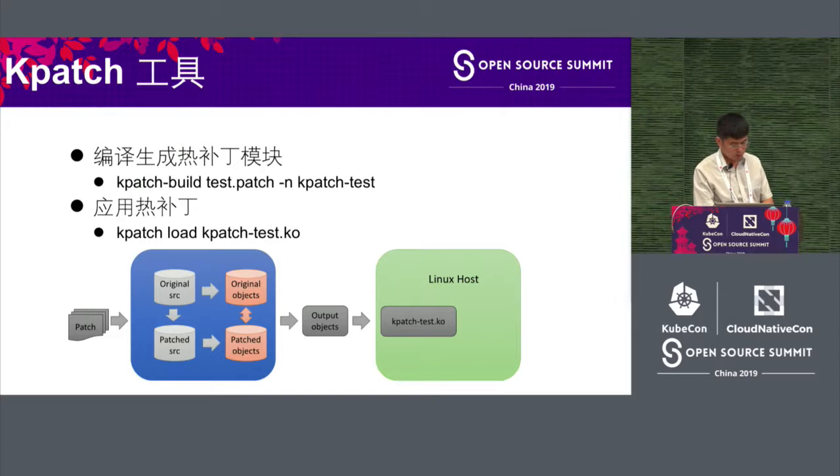So, as an overview, the kpatch build takes the patch module and the patch, and can generate the kpatch test module. If you want to apply this live patching, you can refer to this. Firstly, we need to compile the original source, then we get the output objects, and then we do the comparison.